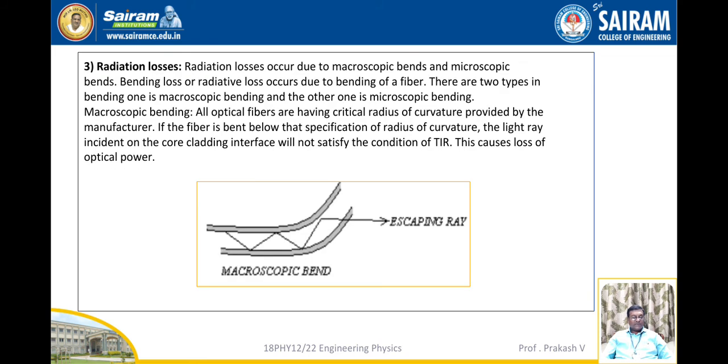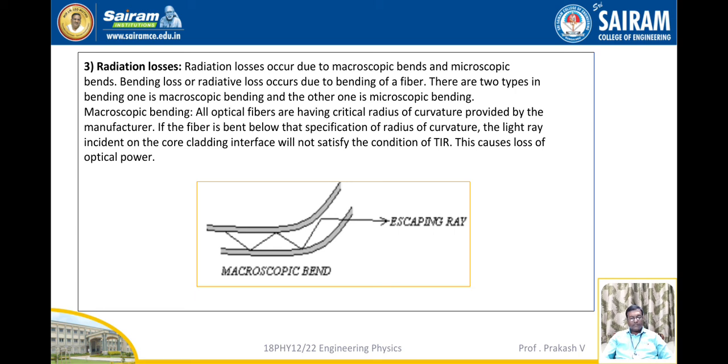The third one is radiation loss. Radiation losses occur because of macroscopic bending and also microscopic bending of optical fiber. Let us concentrate on macroscopic bending. All optical fibers have a critical radius of curvature provided by the manufacturer.